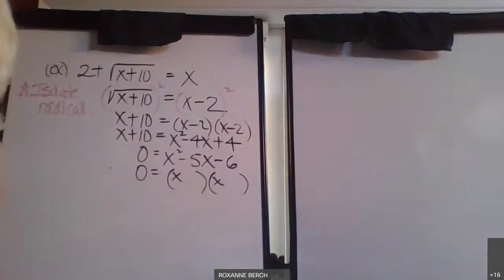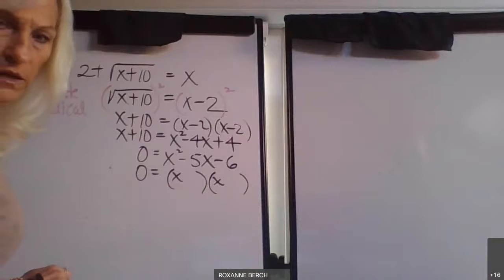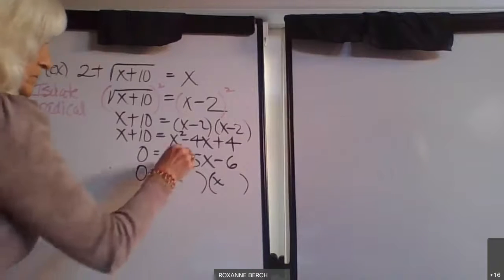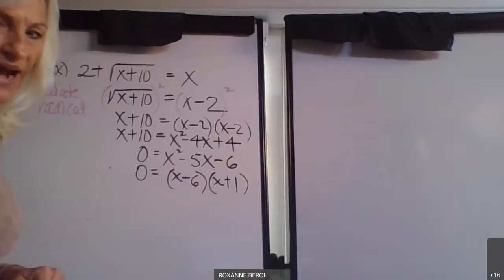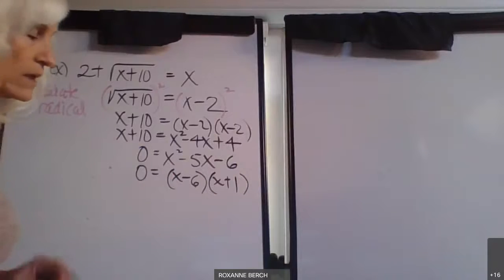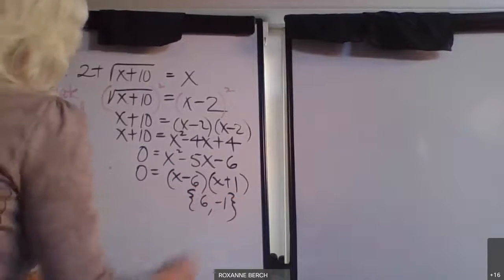It's not 3 and 2. 3 and 2 is not going to work. 6 and 1. All right, and that's going to be a negative 6 and a positive 1 that multiply to give a negative 6 and add to give a negative 5, right? So your possible solutions are 6 and negative 1.